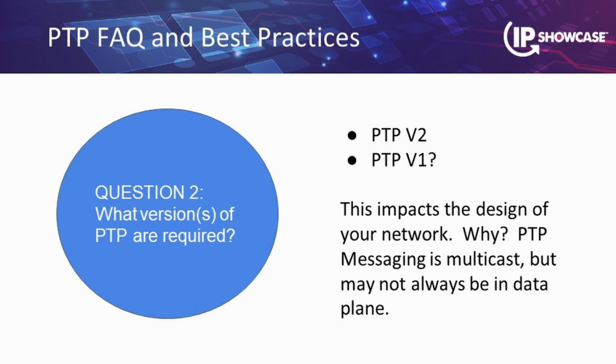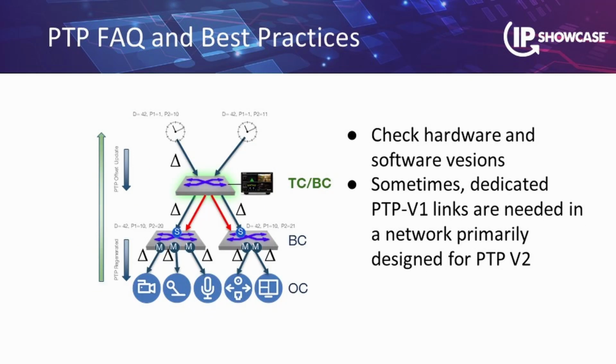It's important to understand this going into your design because the topology, the design, is impacted by that. Now here's an example. I have my regular boundary clock interfaces going from my spine to my leafs, for example. But that wouldn't be enough if I wanted it on all platforms. And this kind of goes back to my previous question of, are all platforms created equal? Especially when we're talking about PTP version 1.